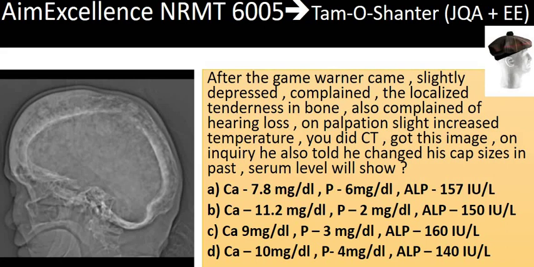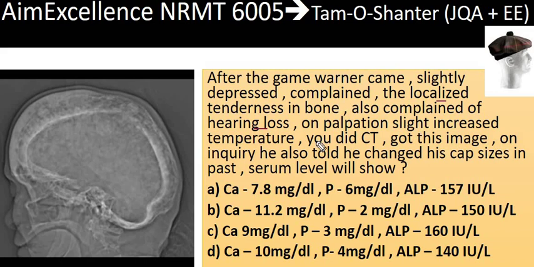To answer it correctly, you can go by two ways: pinpoint the pathology by seeing the important information laid out in the question itself. That is, number one, localized tenderness in the bone and a complaint of hearing loss.